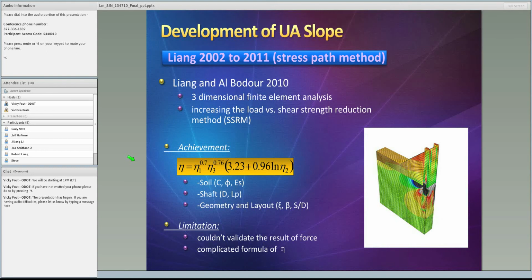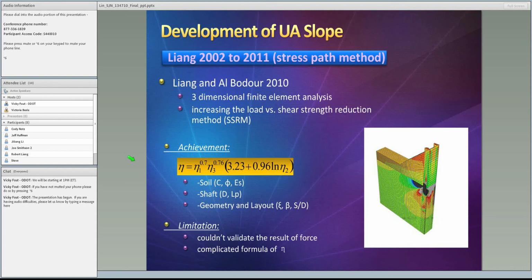And also, this eta function is very, very complicated because it is related to extra eta terms. So in 2011, Zhang Ruoqi simulated another three-dimensional finite element, and he used a new eta function based on 41 finite element models.